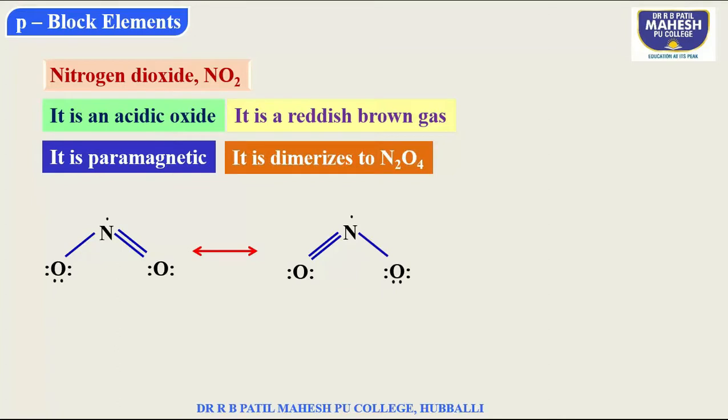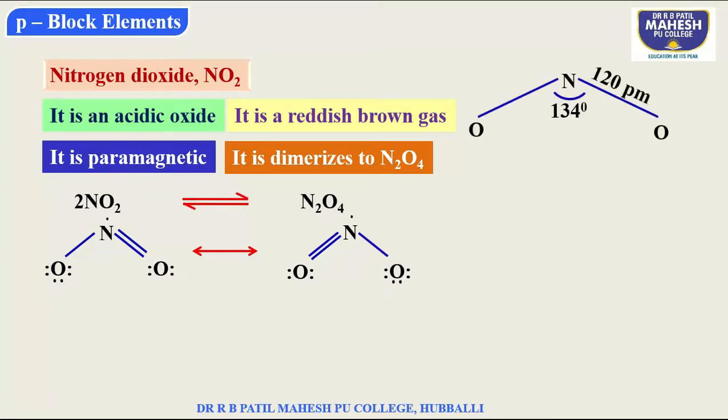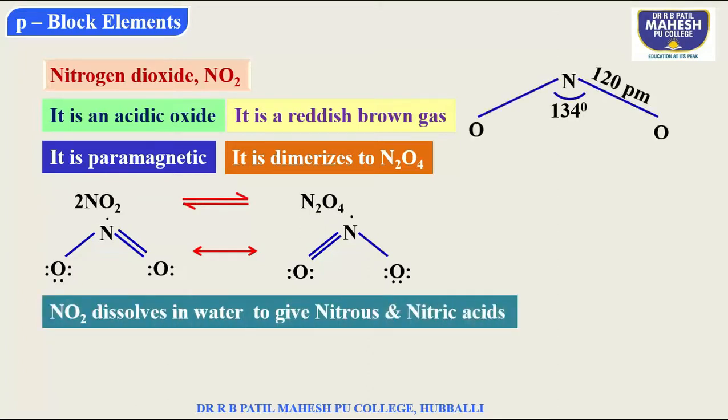Due to the presence of one unpaired electron, nitrogen dioxide has a tendency to undergo dimerization to form N2O4. Nitrogen dioxide dissolves in water and gives nitrous and nitric acids.